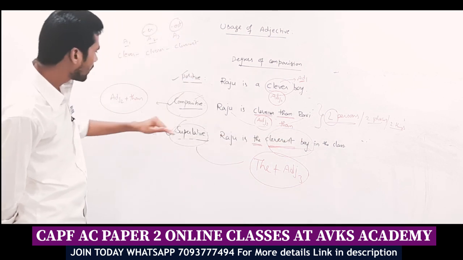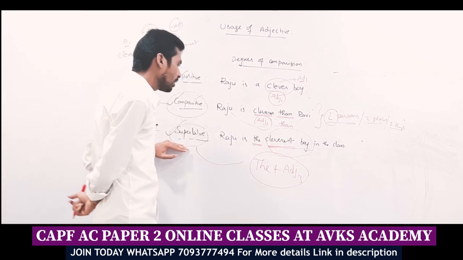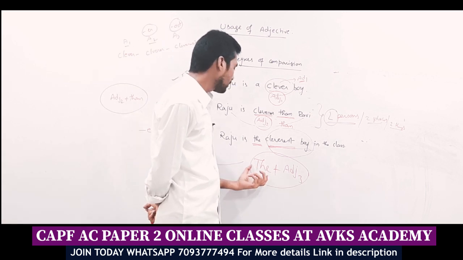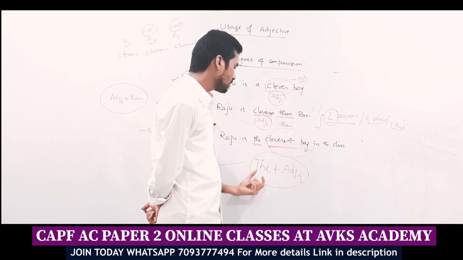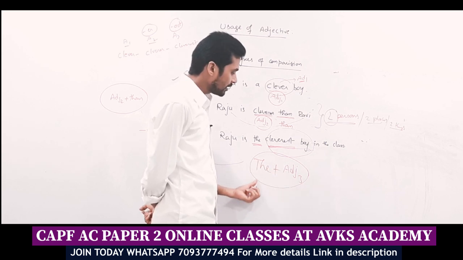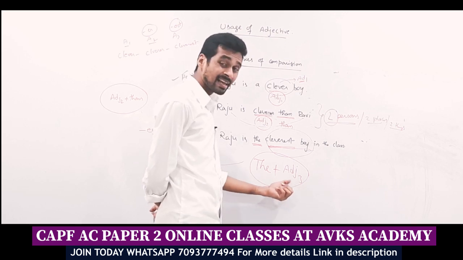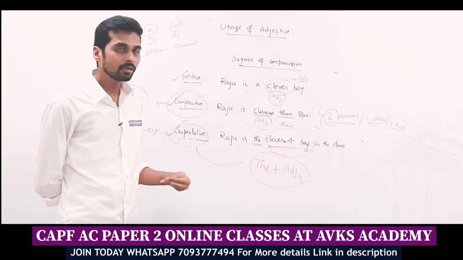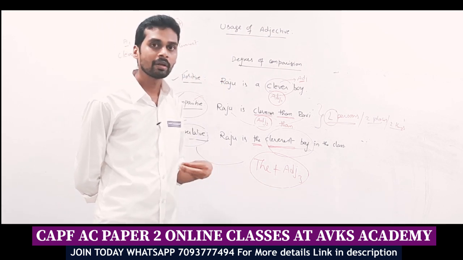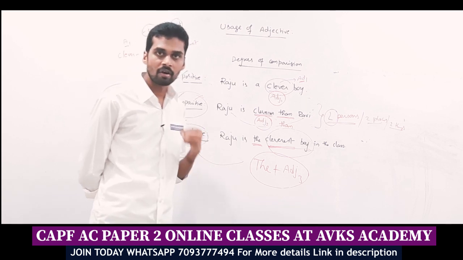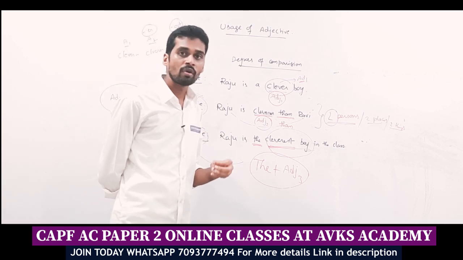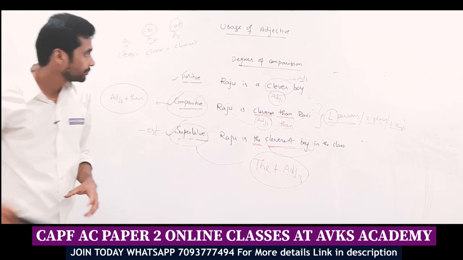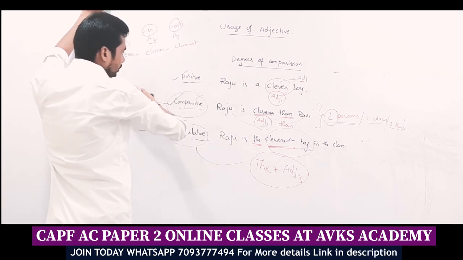When it comes to the superlative degree, remember this: whenever you say a sentence in the superlative degree, before the adjective we need to have the, and it must be followed by the adjective third form. These are the basic points we need to remember before going to the usage of adjectives. Now we will see different sentences and how we are going to change them in the right way. Remember these points.